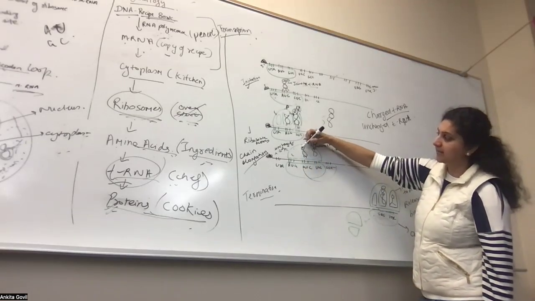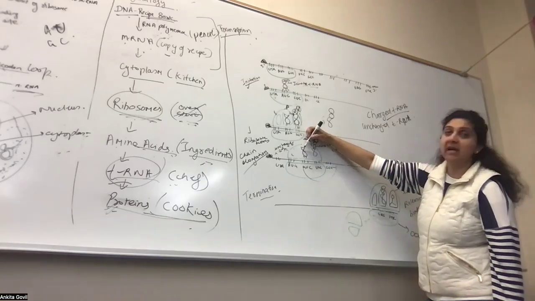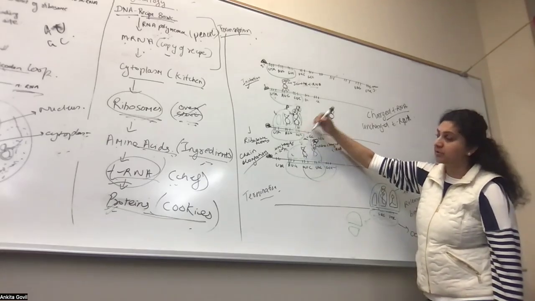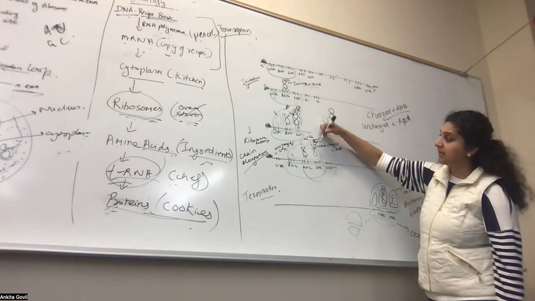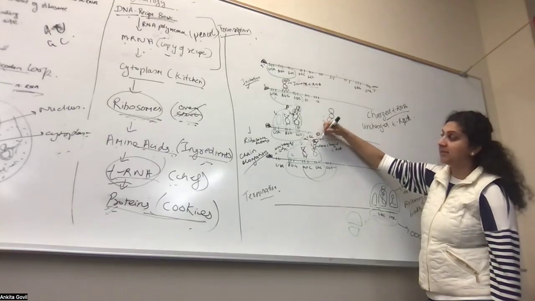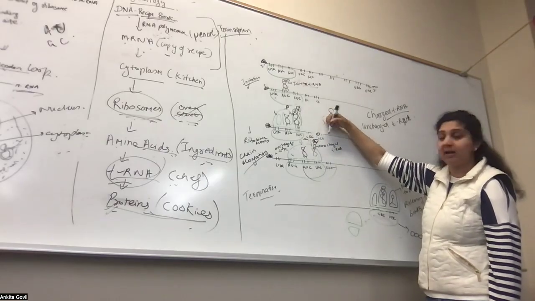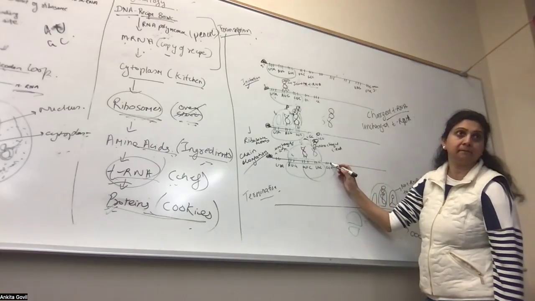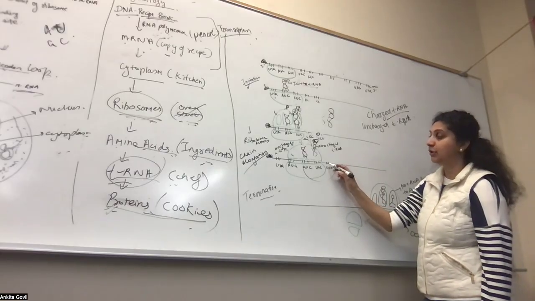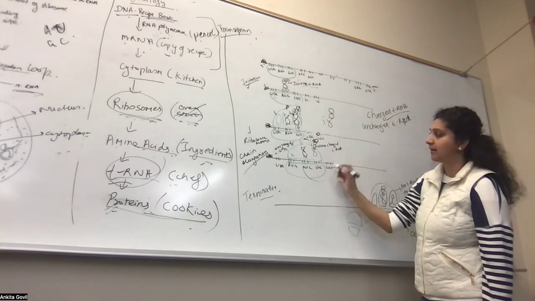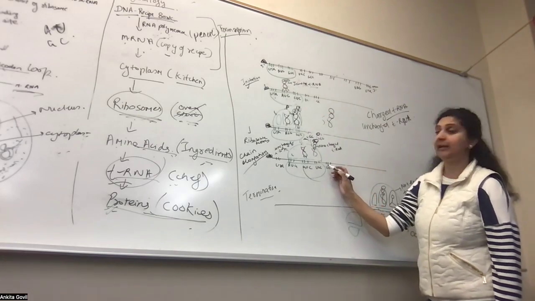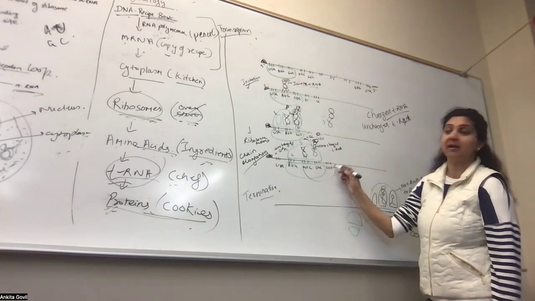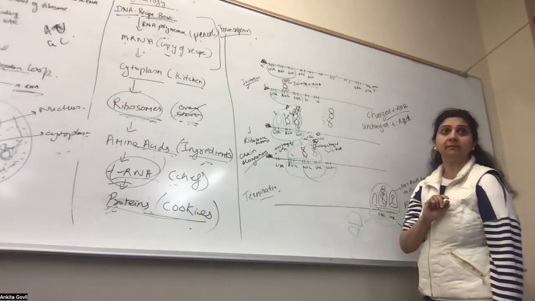So what will happen? The uncharged tRNA will be on the E position. This tRNA with the growing polypeptide chain will be on P position, and this will be empty. So here again, the new tRNA will come, which has the anticodon for GCC. Now this new tRNA will come.